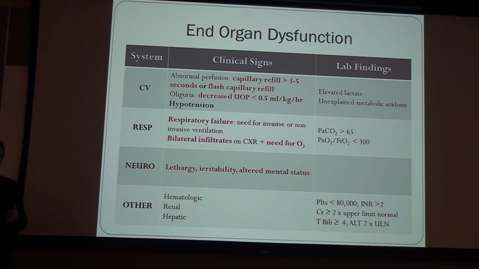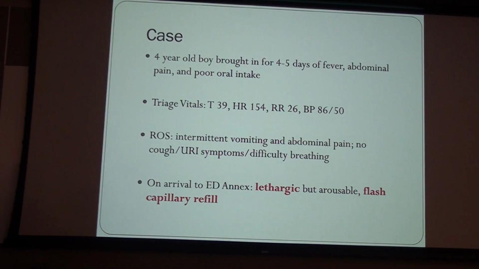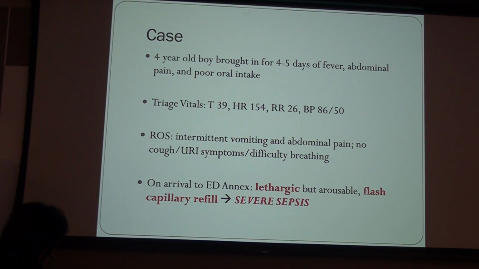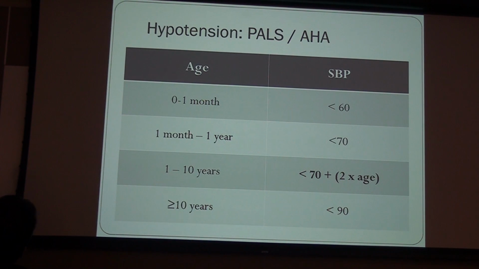There's a cranky child who's just a little fussy with their fever, and there's that child who's more difficult to console, lethargic. And then obviously we have various other organs in our bodies that can not function properly. So as we agreed upon, this child back in Annex was severely septic, and we all had to act.